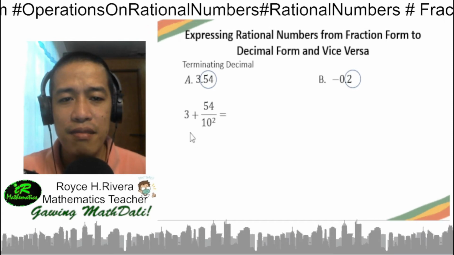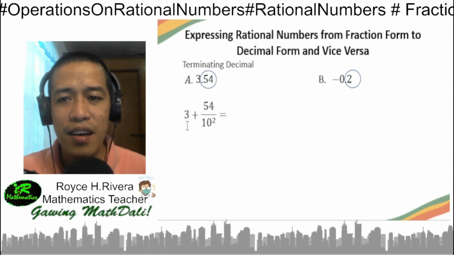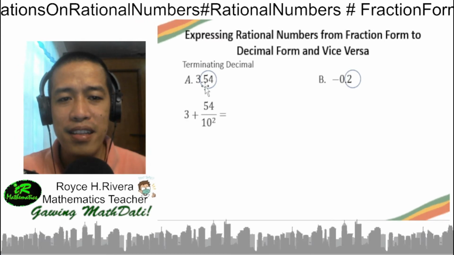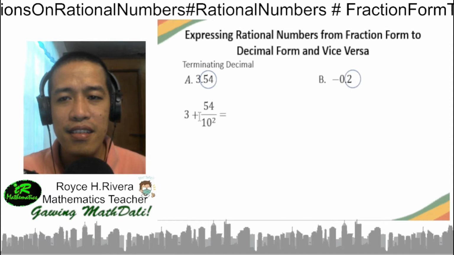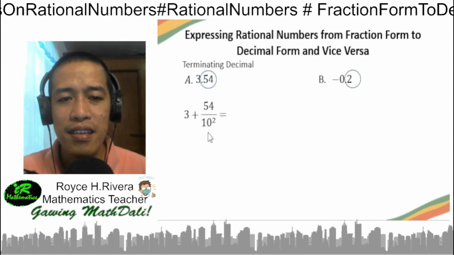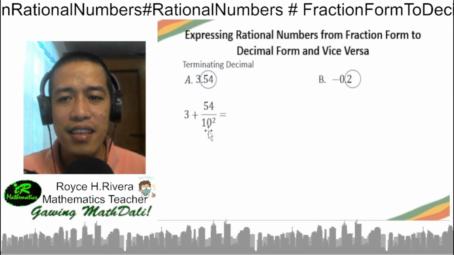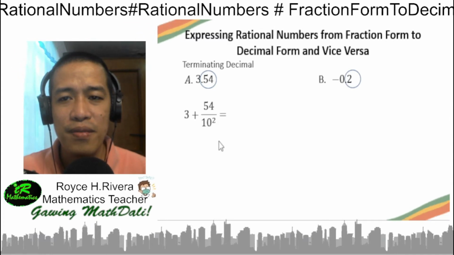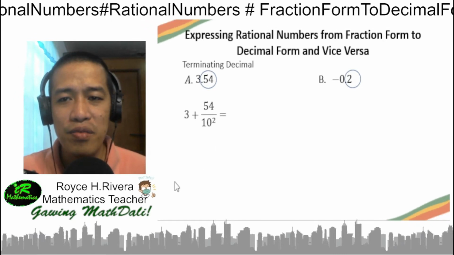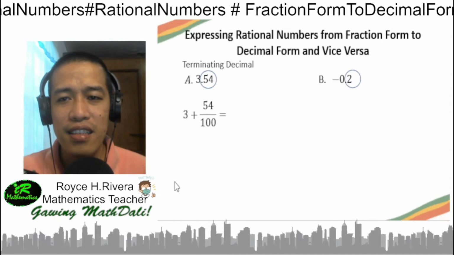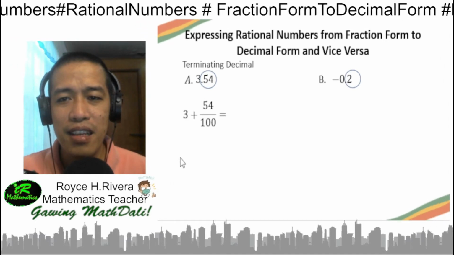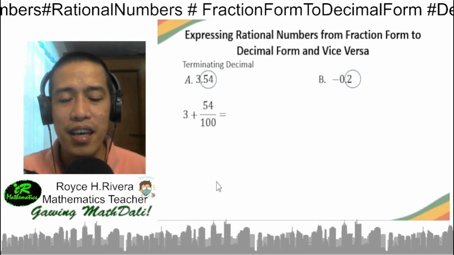So we will have 3, the whole number part, plus the decimal part of the number divided by the proper power of 10. 10 raised to 2 is equal to 100. So we will have 3 plus 54 over 100.